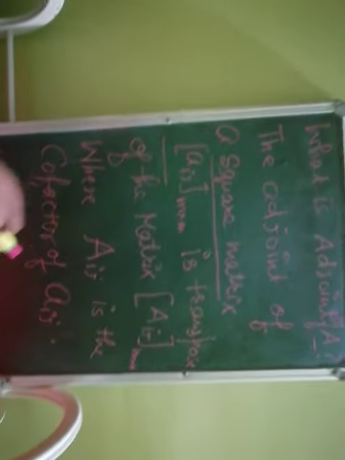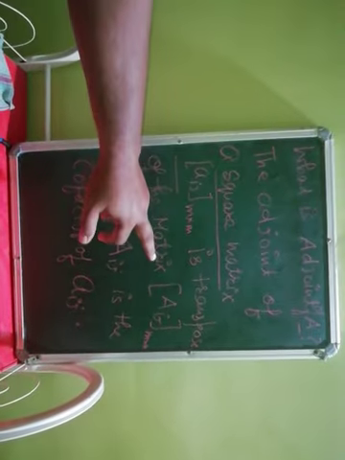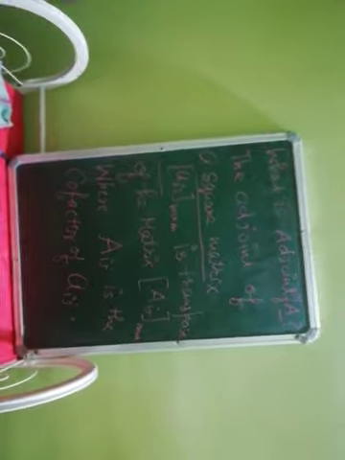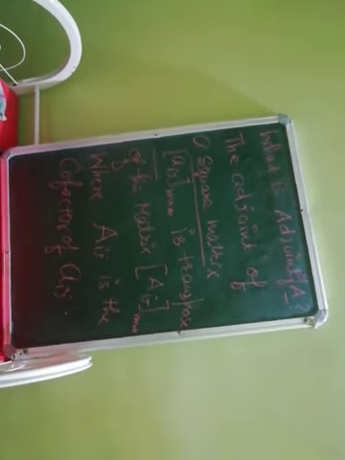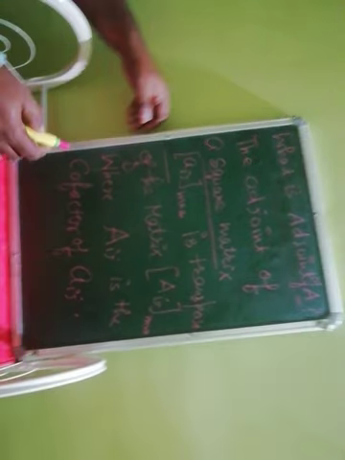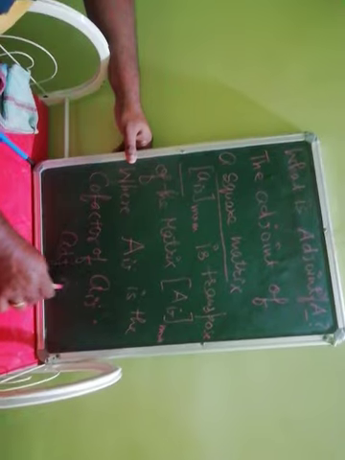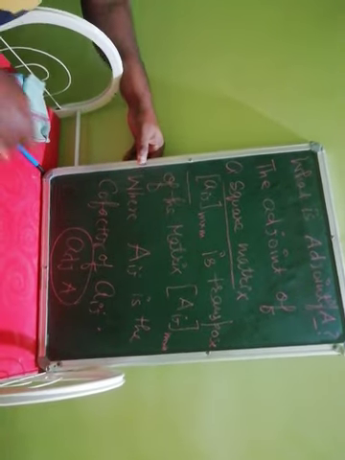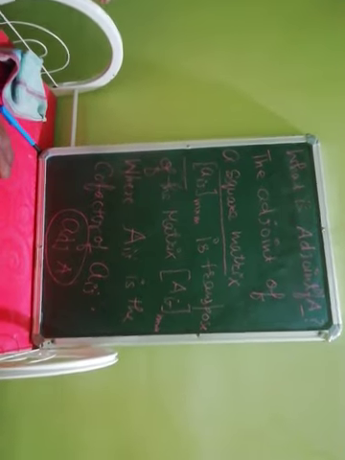Small aij is the element of the given matrix, and capital Aij is the element of the matrix whose transpose we take to find the adjoint. And the adjoint of the matrix is denoted by adj. In general, we use this symbol: adjoint of A is adj A.